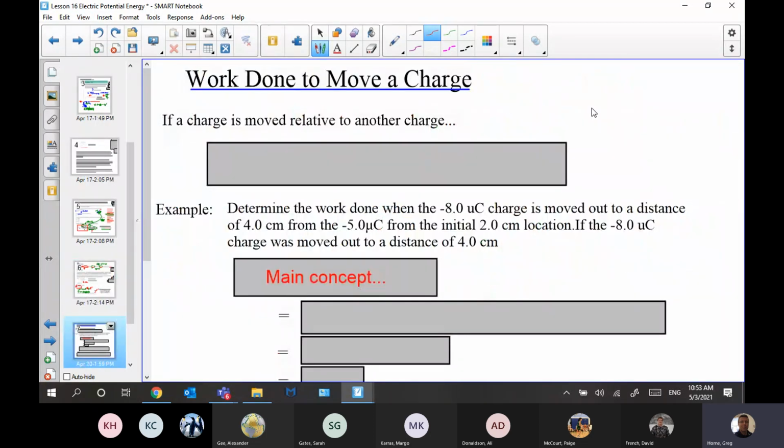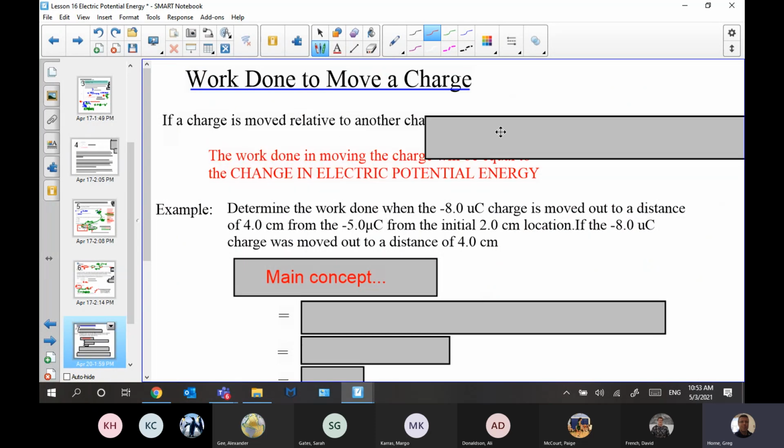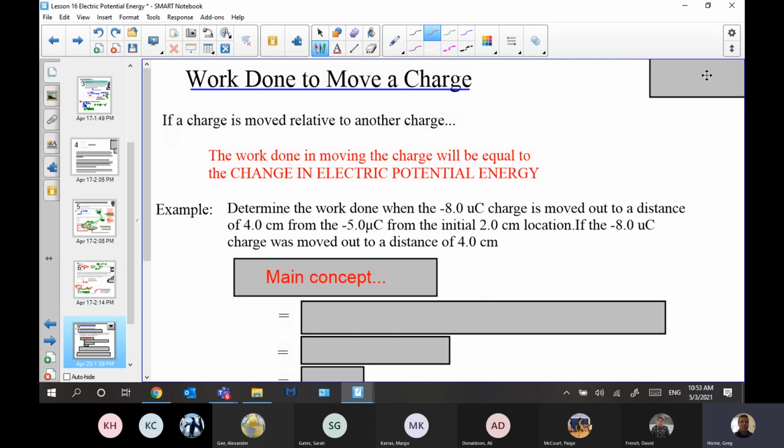So now we're talking about just a little bit more here, like the work done when we're moving a charge, right? So if a charge is moved relative to another charge, of course, we've been talking about this anyways, right? But work is done to move something if there's a force needed, right? So work done in moving a charge, I'm going to put that in here since a force is needed to do the moving, right?